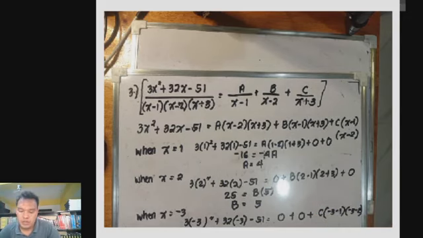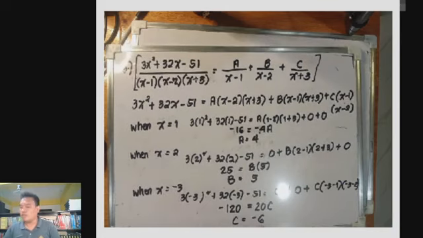So we have negative 120 is equivalent to, negative 3 minus 1 is negative 4, times negative 3 minus 2, which gives 20c. So, therefore, c is equivalent to negative 6, because 120 divided by 20 is 6. Since our 120 is negative, the value will be negative 6.